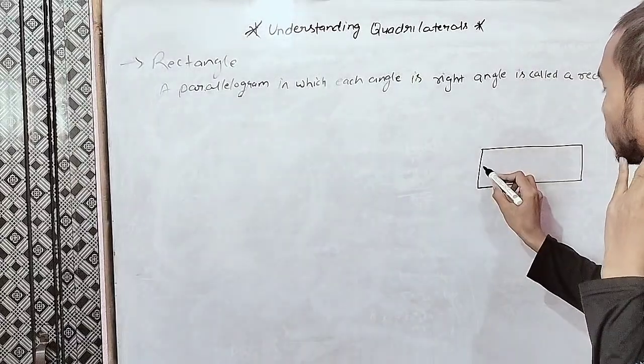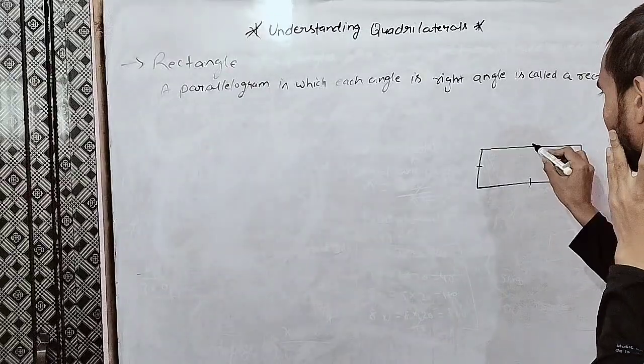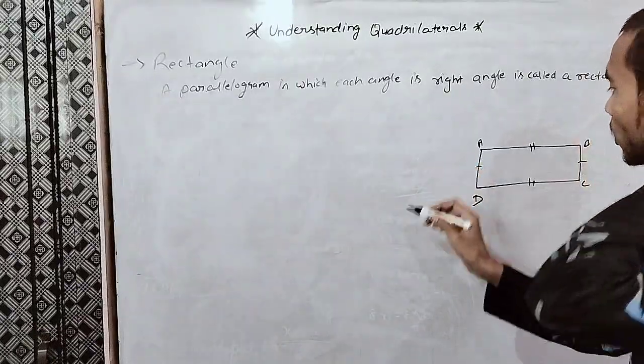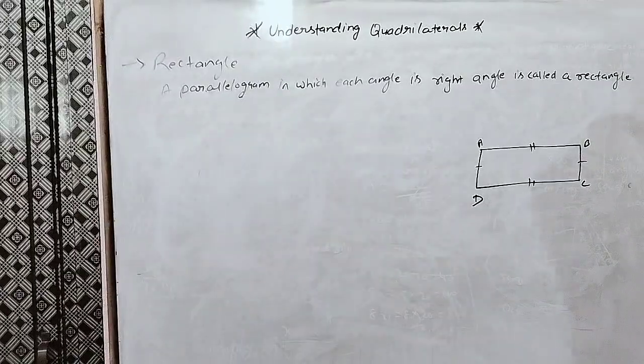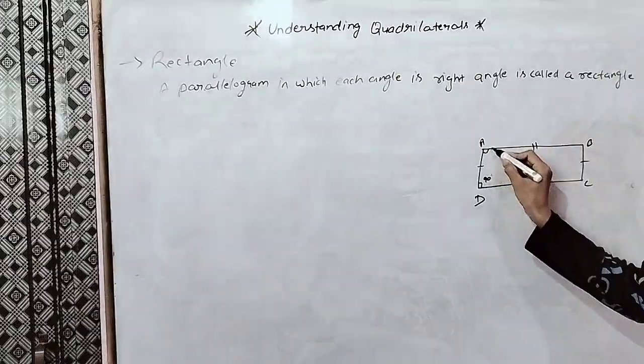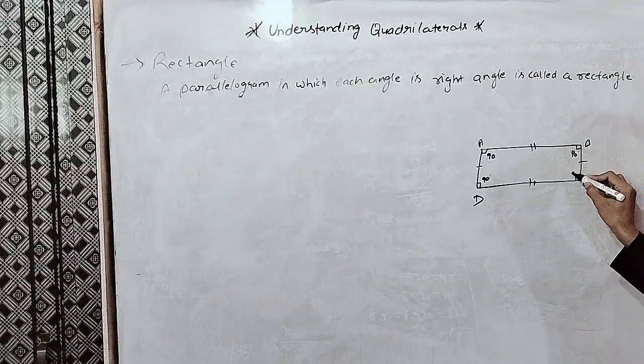Now, the measure of this side is equal to the measure of this opposite side, and the measure of this side is equal to the measure of this opposite side. A, B, C, D. This is how we draw a figure of a rectangle. It is a parallelogram in which each angle is 90 degrees.